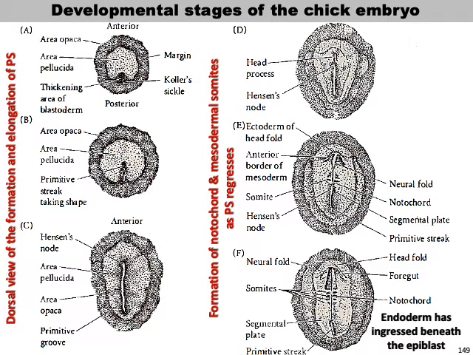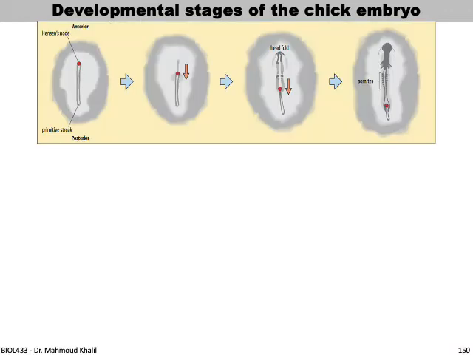At the end, you can see that the neural folds start to be more clear, and the somites start to be segmented, and the endoderm has now ingressed beneath the epiplast, and the primitive streak is markedly reduced. And these three figures show the formation of the notochord, mesodermal somites, and primitive streak regression.